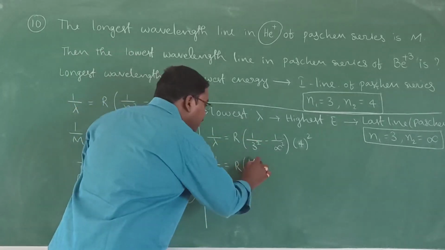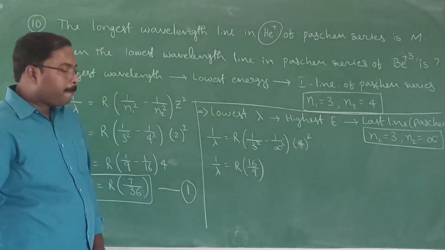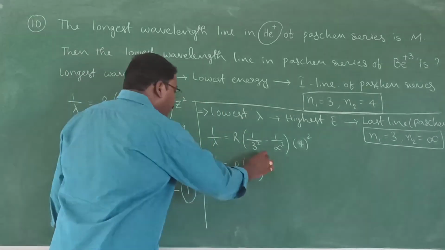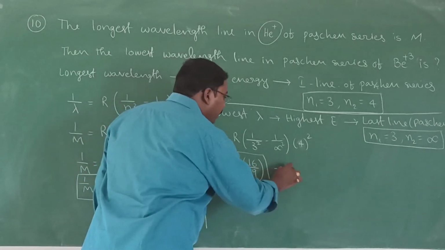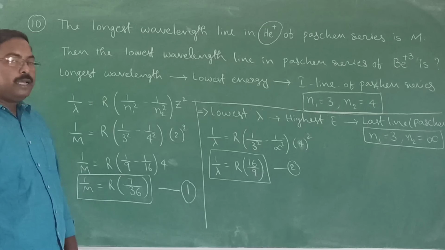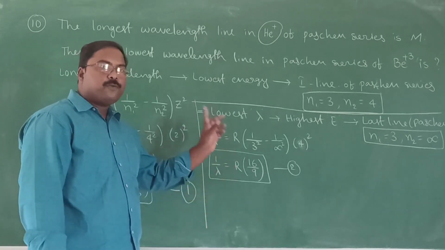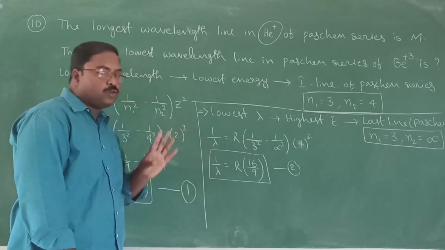So we'll get 16 by 9. Let this one be equation 2. Now I am going to do equation 1 divided by equation 2.